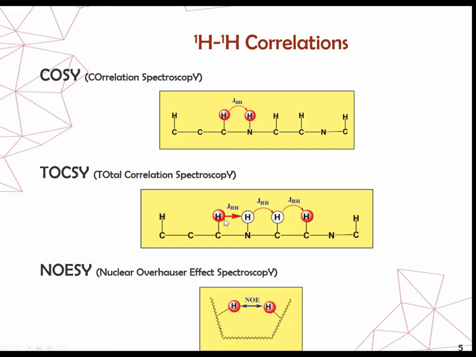In TOCSY, it is also scalar coupling, but the magnetization will spread along the spin system, and the starting proton will couple with several protons if they are in the same spin system. So you can observe many correlation signals. These two, COSY and TOCSY, are scalar couplings, and dipolar couplings, so through-space couplings, can be observed with NOESY spectra.